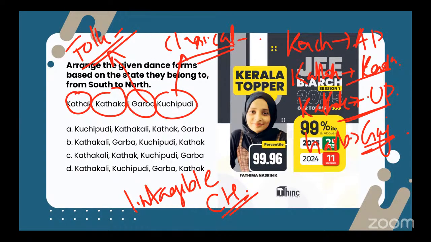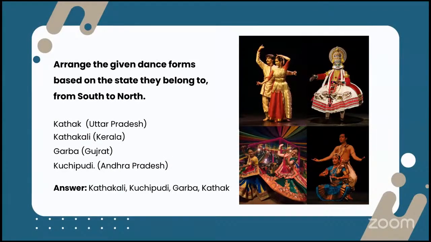After that, moving on to the top, we have Kathak, that is UP. So the correct answer is Kathakali, Kuchipudi, Garba, Kathak. Here you can see the elaborate costumes of these places.